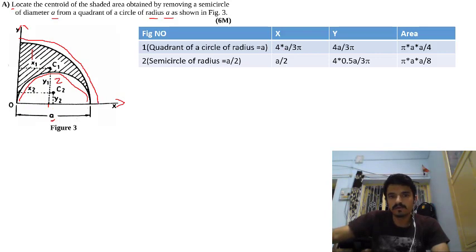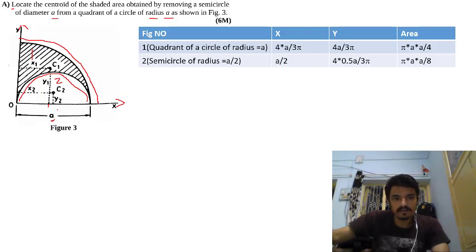So x bar for the quadrant of circle will be 4a divided by 3 pi. Y bar will also be 4a divided by 3 pi. Then the area will be pi a square by 4. Then for the semicircle, x will be equal to a by 2, since this circle is placed like this. I have already explained this in the theory lecture for the centroid.